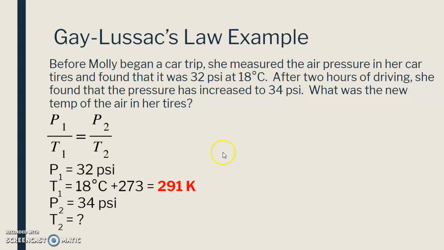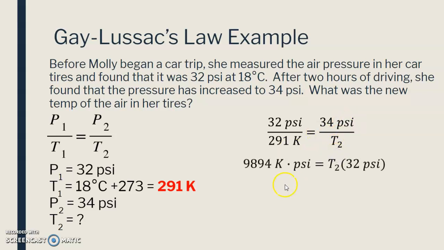All right, and so I'm just going to plug my numbers into the equation. 32 over 291 is equal to 34 over T2, or my X. And so when I cross multiply, I have something that looks like this. So 291 times the 34 gives me 9894. And again, I kept to my units, K, psi.